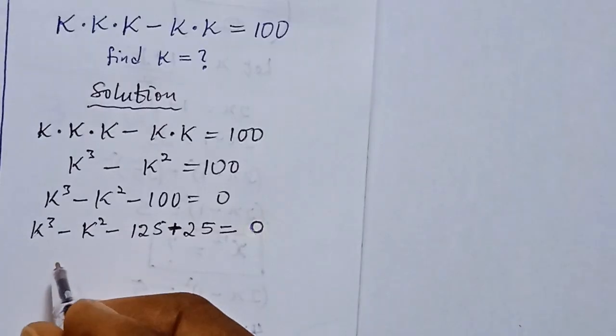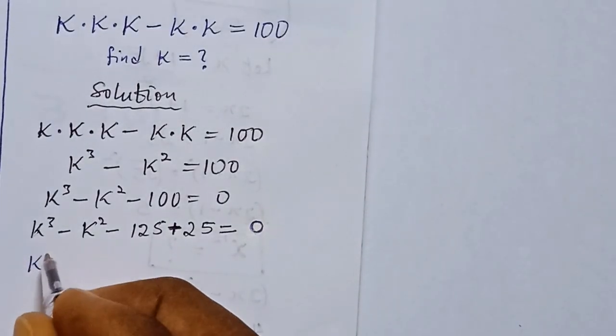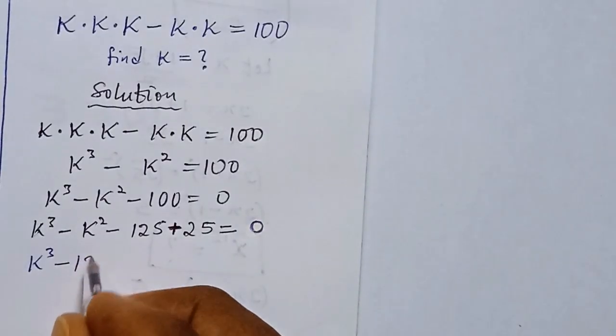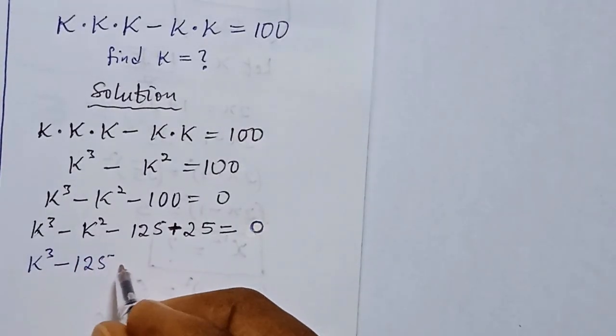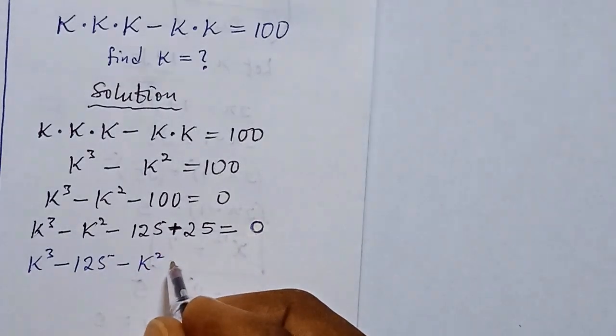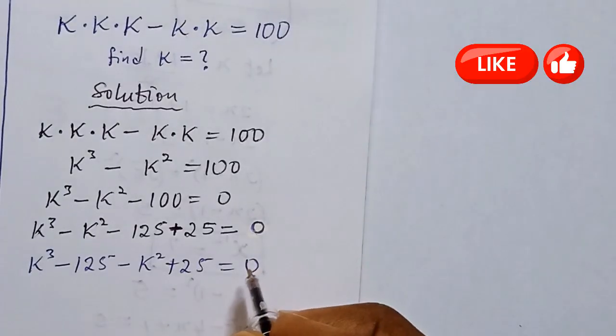Now we can rearrange this as k cubed minus 125 minus k squared plus 25 equal to 0.